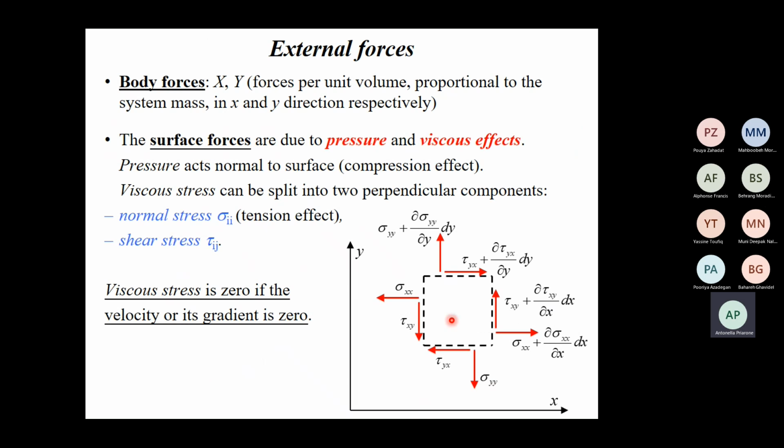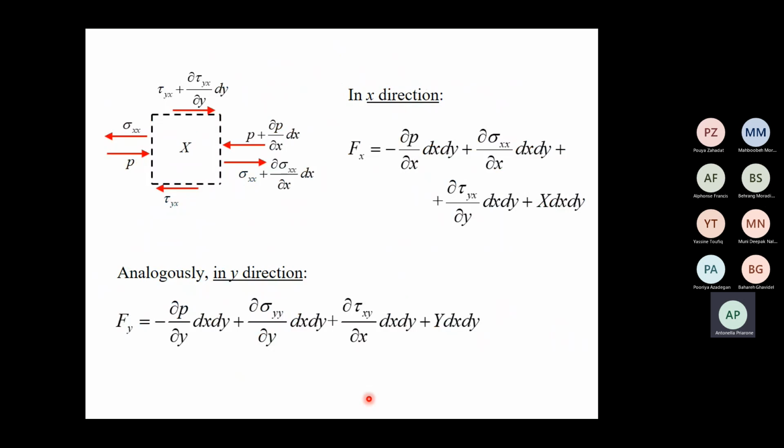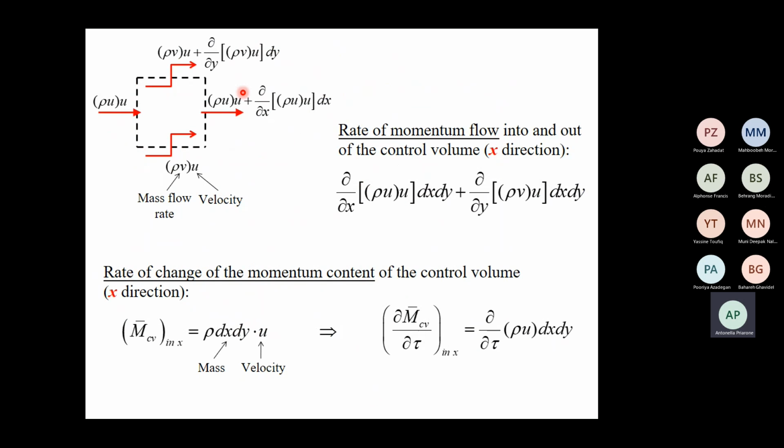That was what I wanted here, outlet minus inlet for the x direction only. So this one minus this one, and this one minus this one. So here the difference is delta x, delta y, delta x, delta y, because you have to multiply this one by delta y and this one by delta x. Is it clear for all of you?